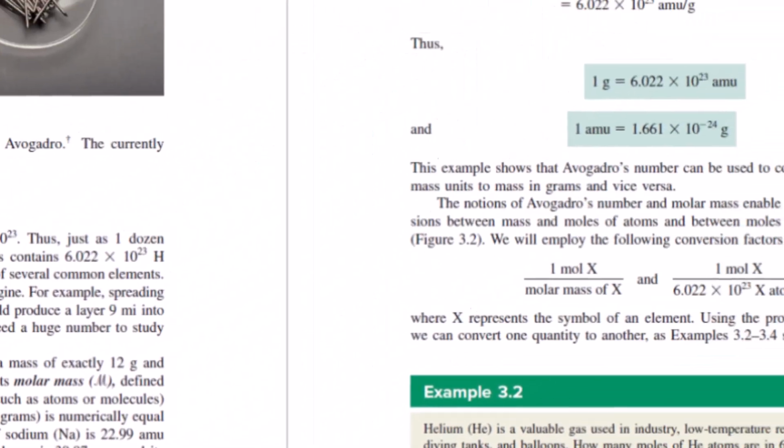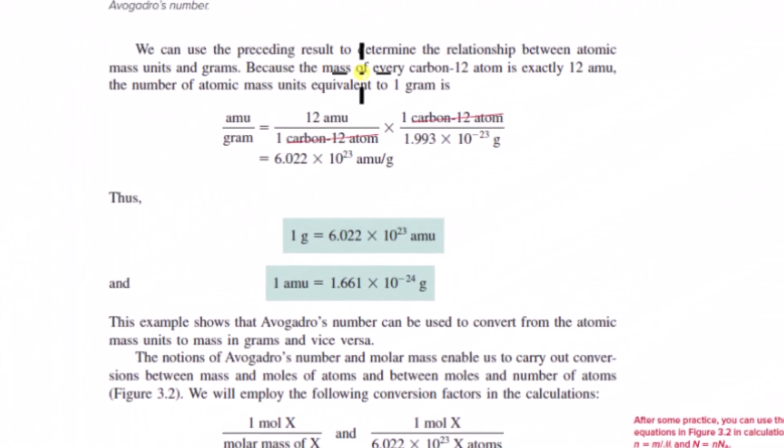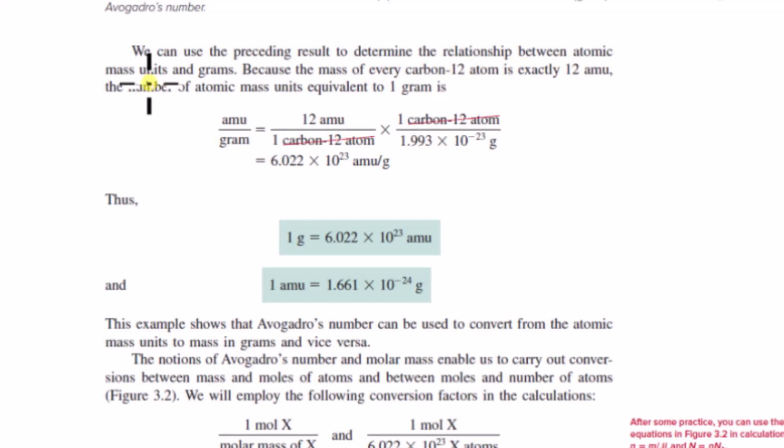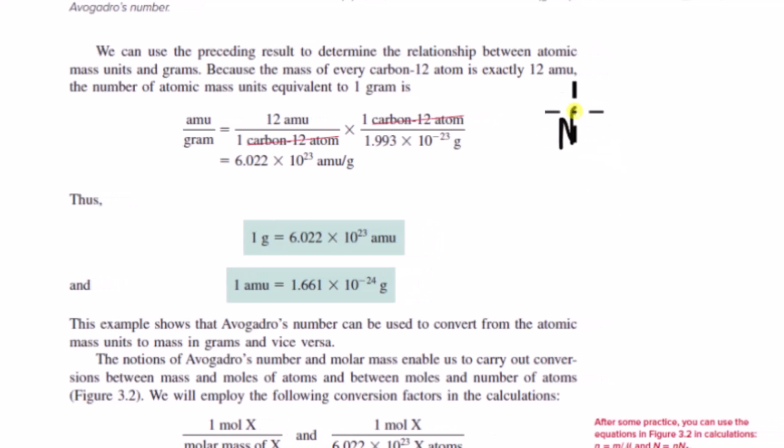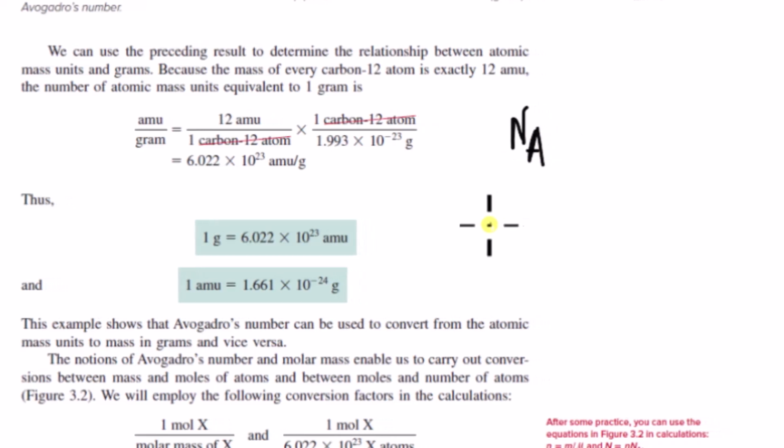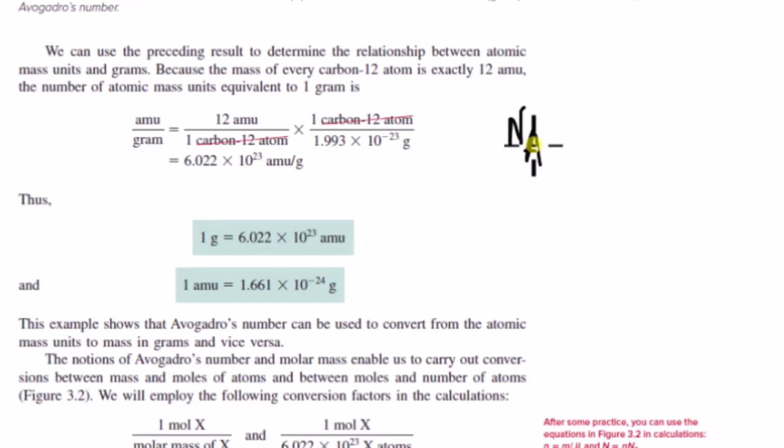Now it says we can use the preceding result to determine the relationship between atomic mass units and grams. Because the mass of every carbon-12 atom is exactly 12 AMU, the number of atomic mass units equivalent to 1 gram is... we have Avogadro's number of carbon-12 atoms, and every carbon-12 atom is 12 AMU.